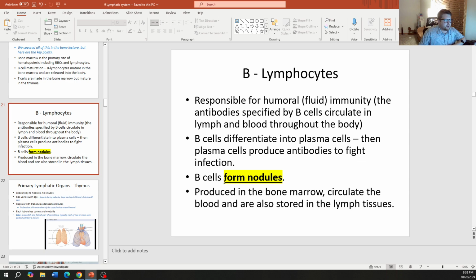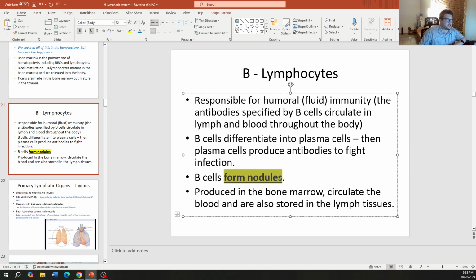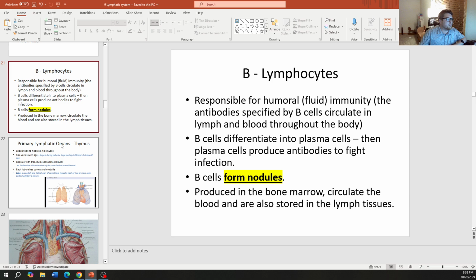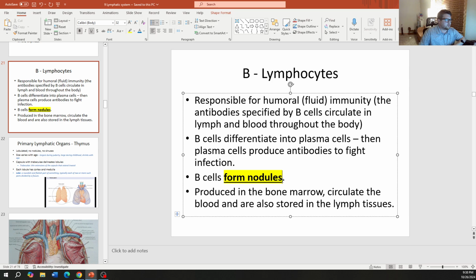B cells, this is a little note where you'll understand exactly what this refers to in just a couple of minutes. B cells, they do form nodules or they do form nodes. Okay? Nodules/nodes. I prefer using the term nodes just because nodules is typically taken as a pathological term. However, this professor specifically likes to use the word nodules.